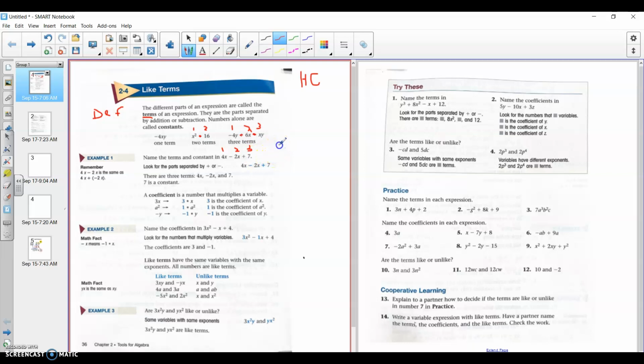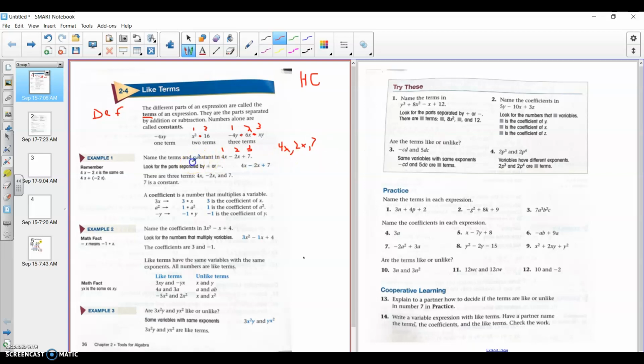So on paper, you would want to write 4x, comma, 2x, comma, and finally, the last term was 7. That is all you have to do to name the terms.